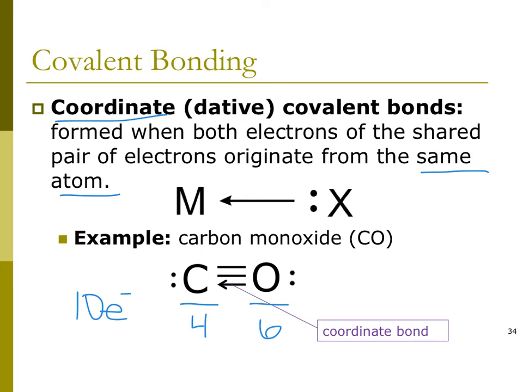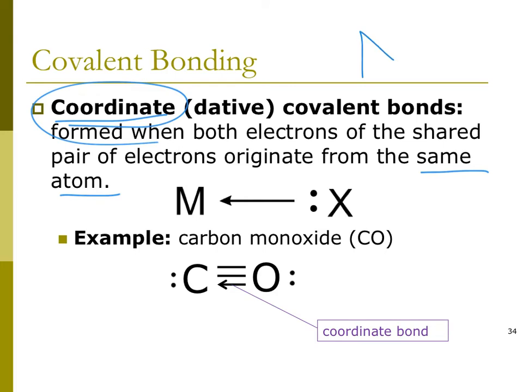That's our budget for drawing the Lewis structure for carbon monoxide. And so if every line counts as 2, we have 6 electrons in our triple bond, plus the 2 lone pairs for a total of 10 electrons. And we didn't care that oxygen brought in more electrons than carbon. It does, however, indicate a coordinate bond.